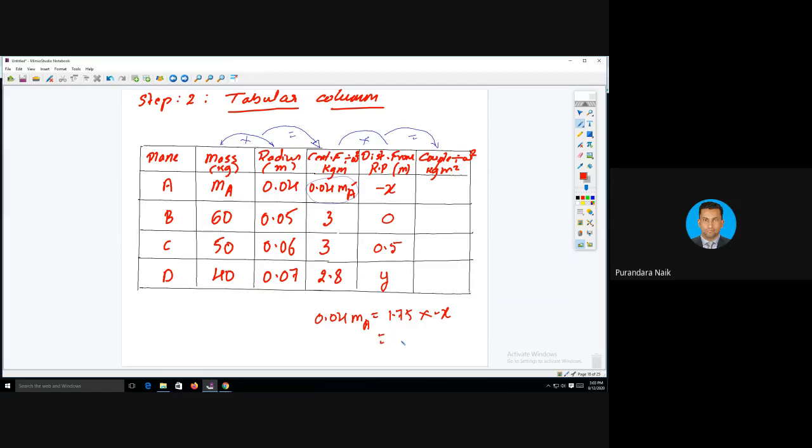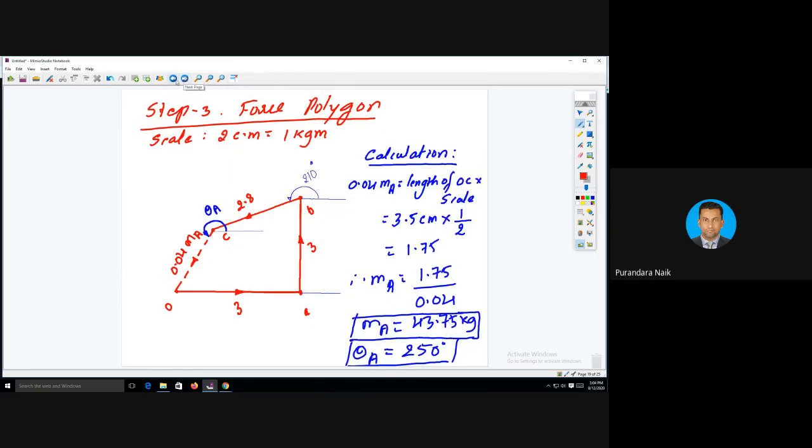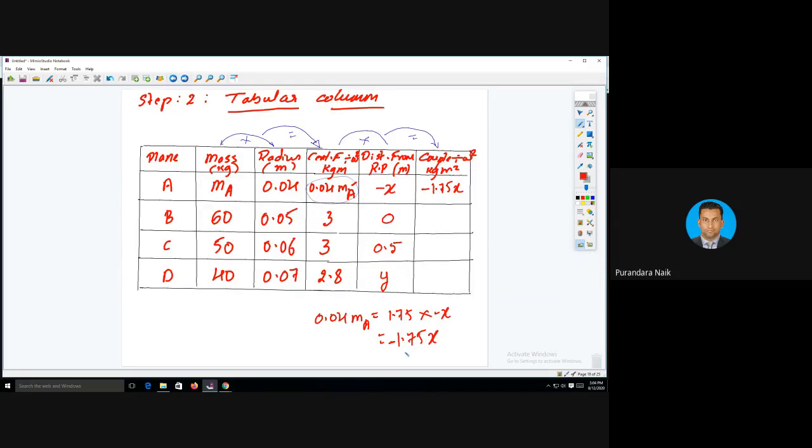So it is equal to minus 1.75 x. So that is the answer, minus 1.75 x. Because MA is known, MA is 3.75. You can make use of that. We'll get the answer as 1.75 x.